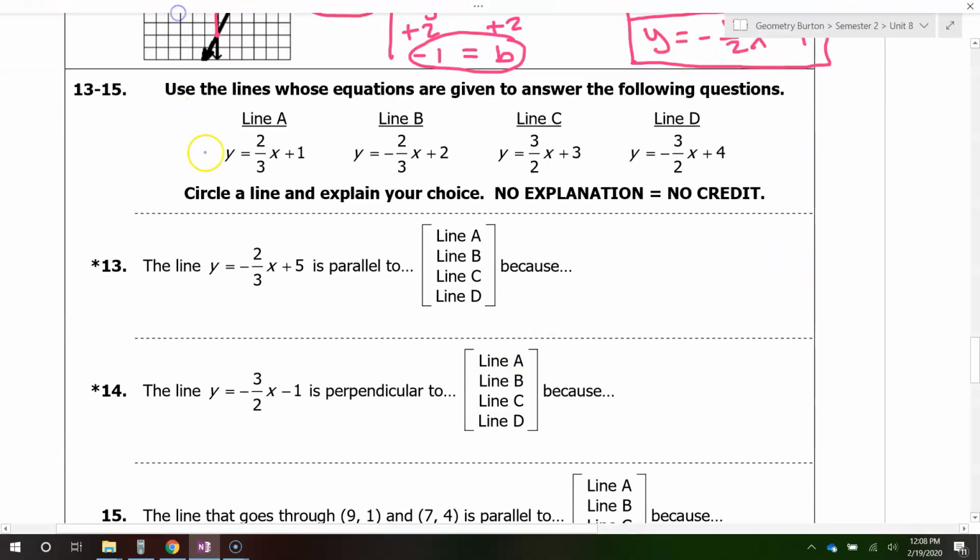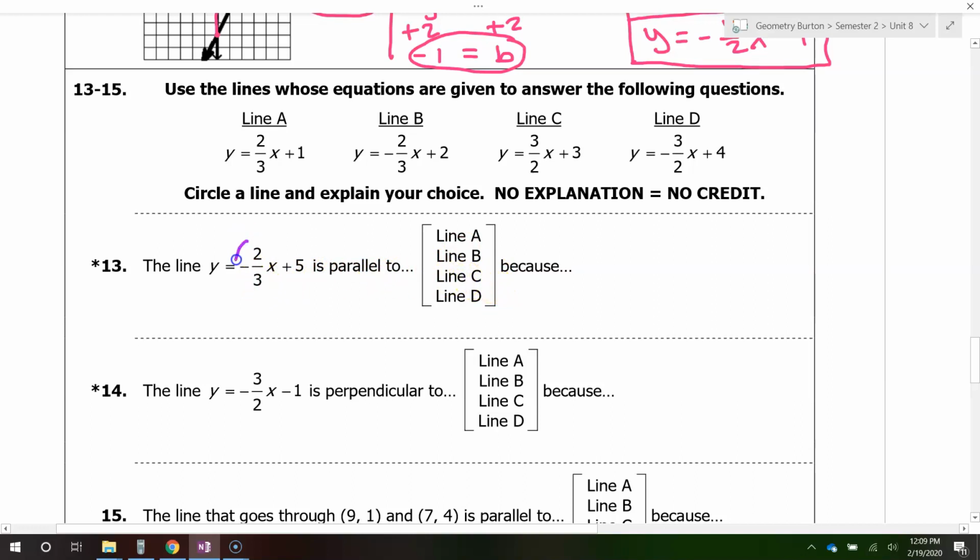Okay, time for number 13. Use the lines whose equations are given to answer the following questions. Circle a line and explain your choice. No explanation equals no credit. All right, so the line y equals negative 2/3 x plus 5 is parallel to which line?